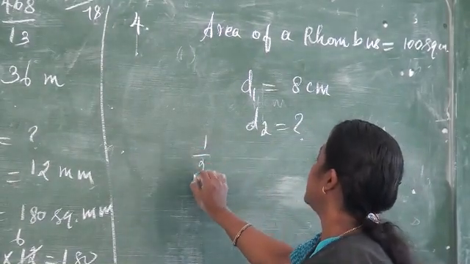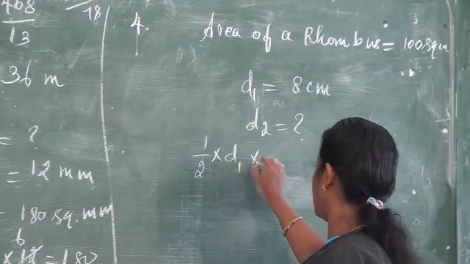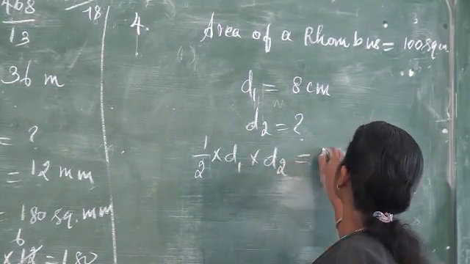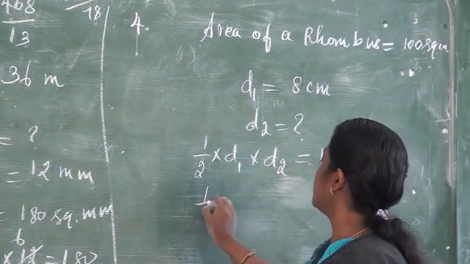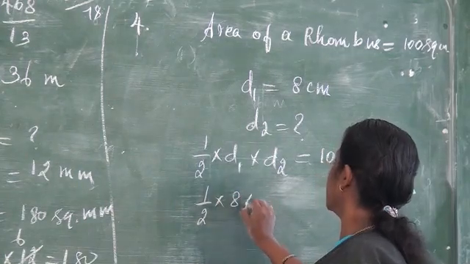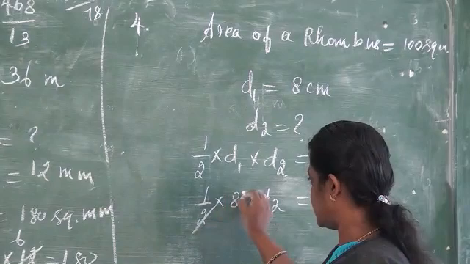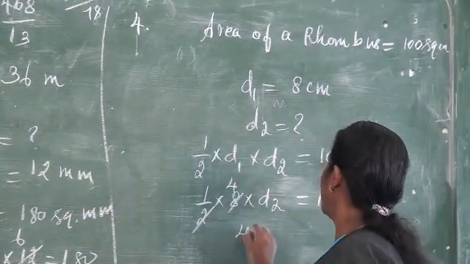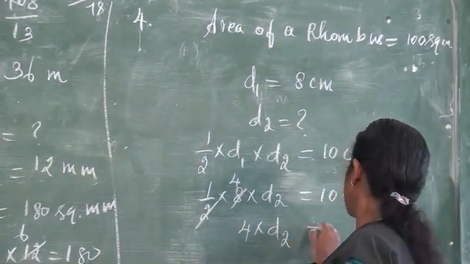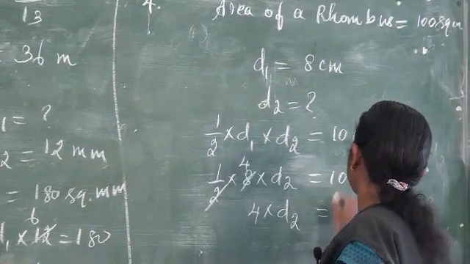What's the area formula here? Half into D1 into D2 equal to 100. What is D1? Half into 8 into D2 equal to 100. If you are cancelling 4, so 4 into D2 equal to 100.